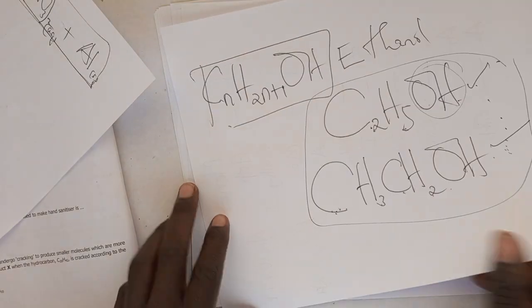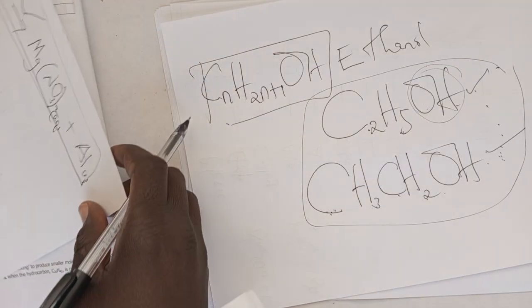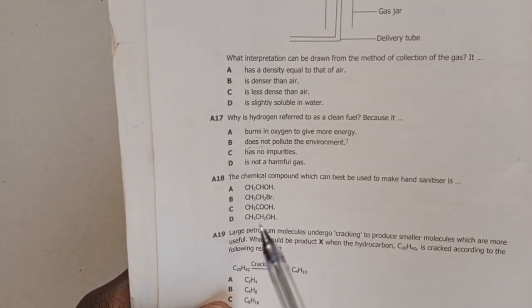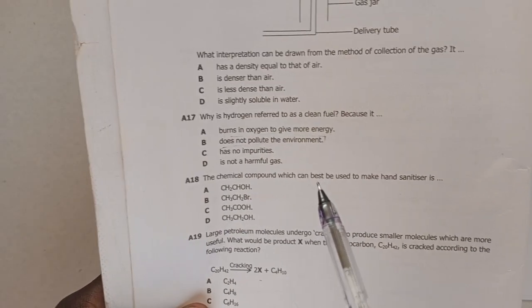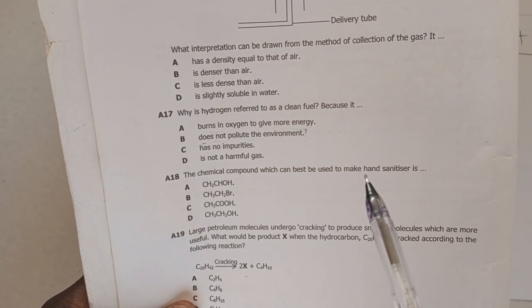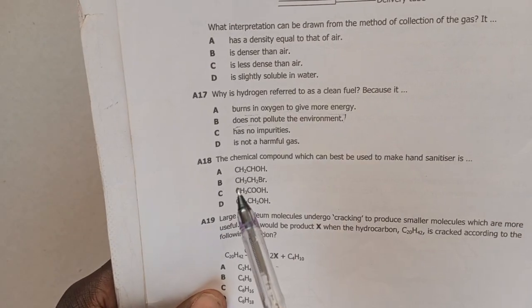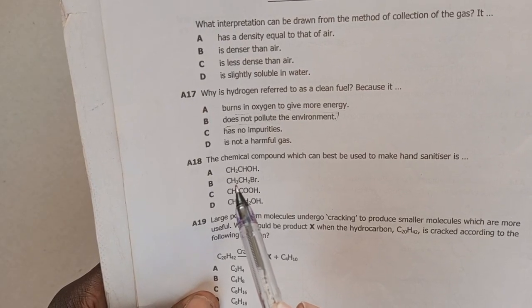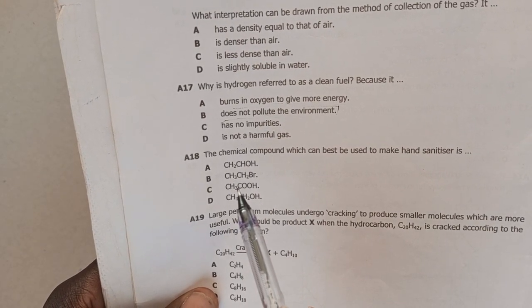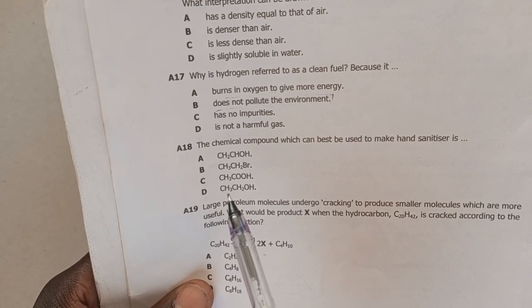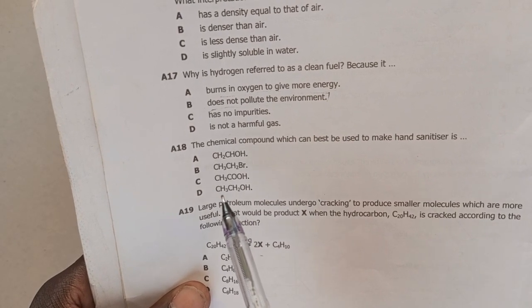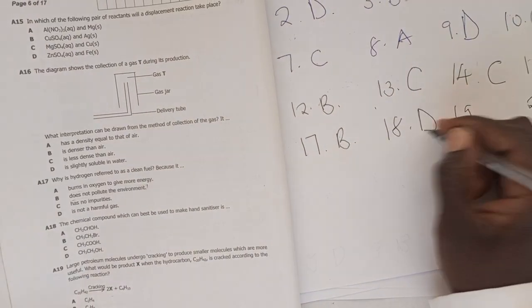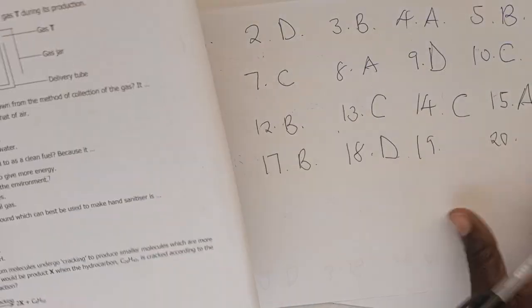So now, ethanol or an alcohol is the one that is used to make the hand sanitizer. So here, the chemical compound which can best be used to make hand sanitizer, we're going to look for that one. This one, no, don't know what this is. No, this is a carboxylic acid, and this one is the answer for question 18. The answer is D.